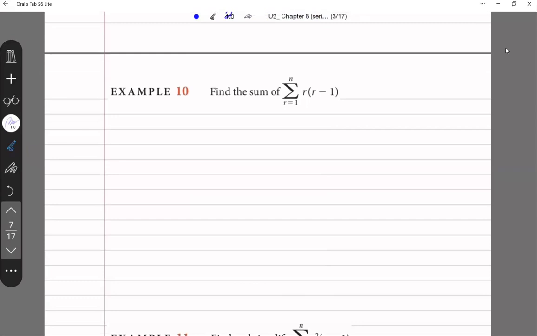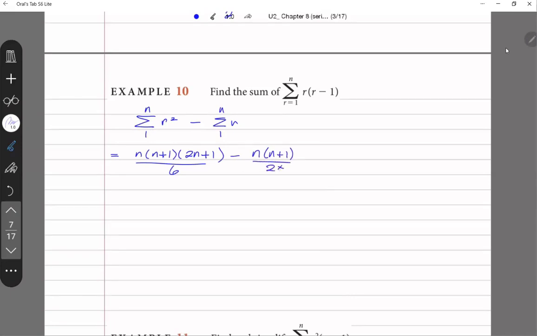Example 10 says find the sum from r equals 1 to n of r into r minus 1. This is equal to the sum from r equals 1 to n of r squared minus the sum from r equals 1 to n of r. So this would be equal to n into n plus 1 into 2n plus 1 all over 6 minus n into n plus 1 all over 2.